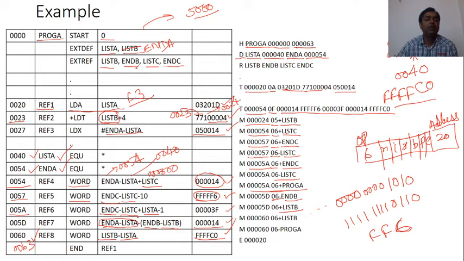When this program is relocated, suppose that it is relocated at address 5000, then in that case the value of list A becomes 5040. So I have to get that value. That's why this modification record is written as plus list B minus program A.